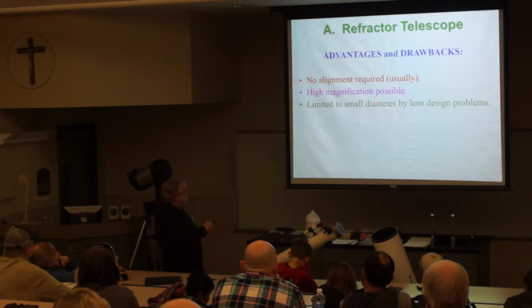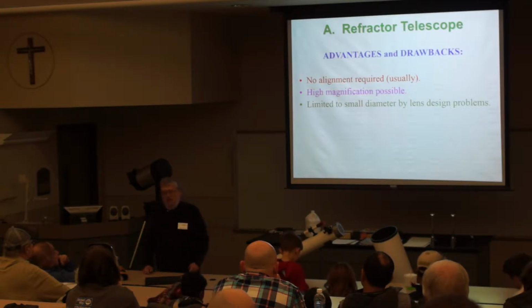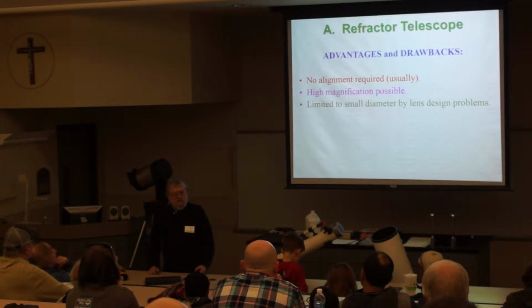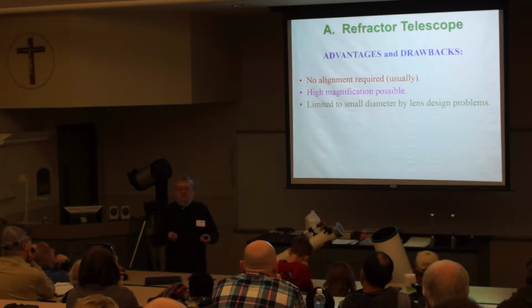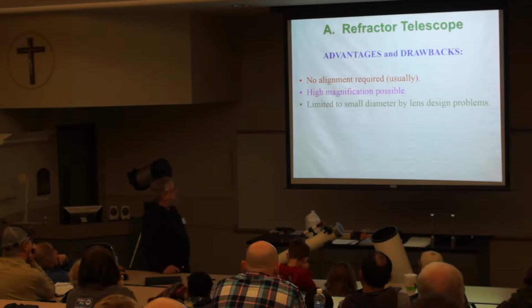The lenses are limited to a small diameter because, for one thing, you run out of money trying to get a big one. Another thing is glass does kind of sag under its own weight, and it's hard to support a refractor lens because it has to all be done by the edge. You can't build a framework for it in the back because the light's got to go through it. So that puts some limitations on how big the refractors are.